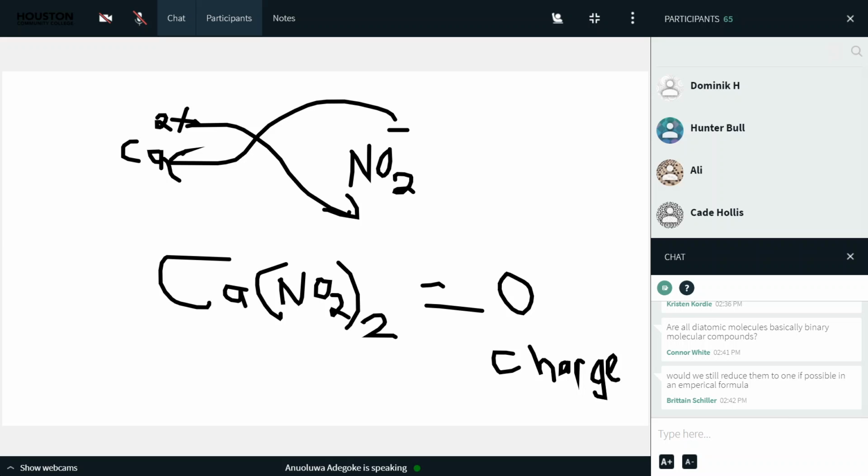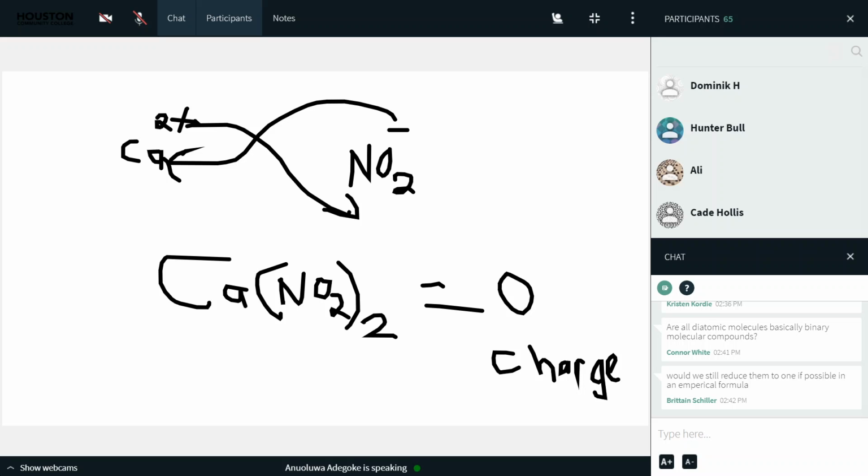So if you are told to write the formula for the compound that exists between calcium ion and nitrite ion: calcium ion has 2 plus charge, NO2 has -1 charge. In order for us to offset that, we bring the 2 here, and we bring this here. So when we do that, we have a 0 charge. Does that make sense? Another way to look at it is, we have 2 here and 1 here.